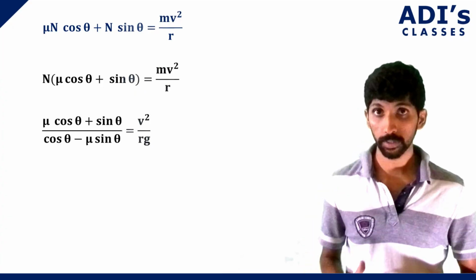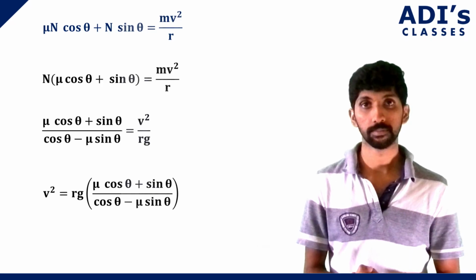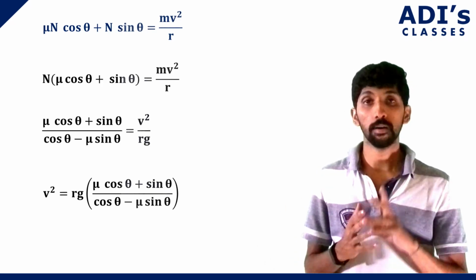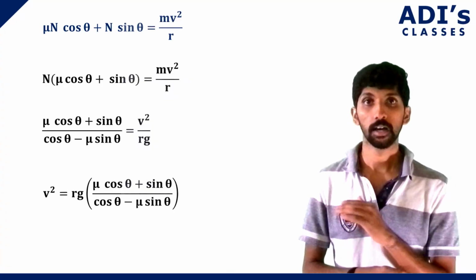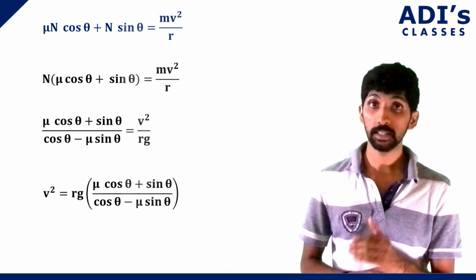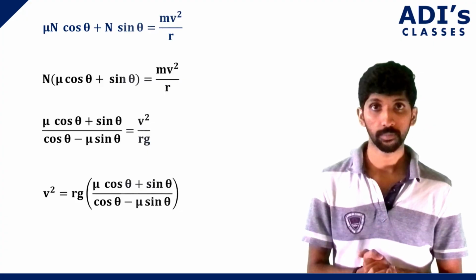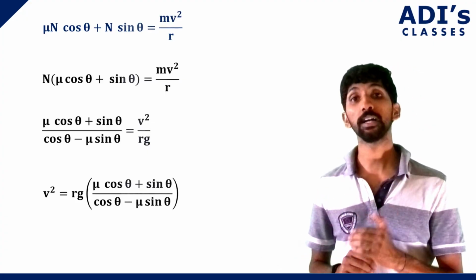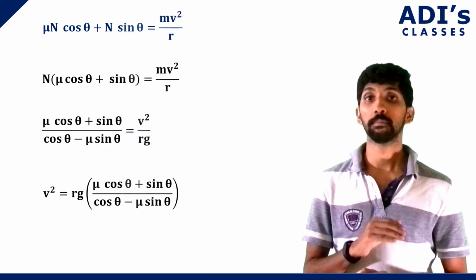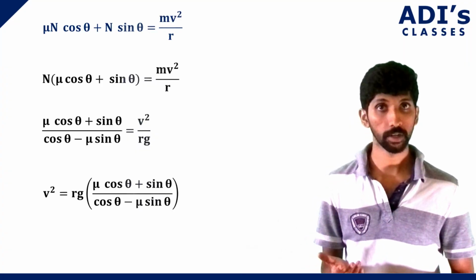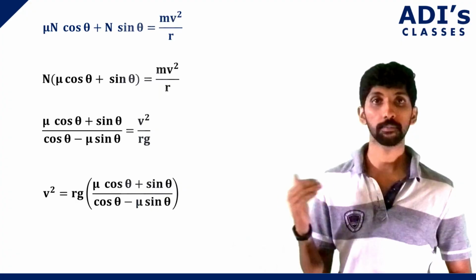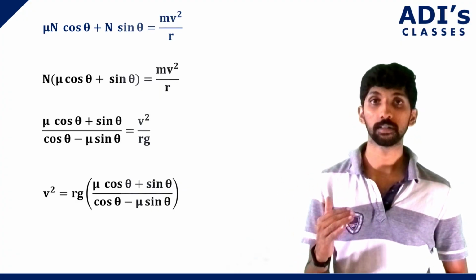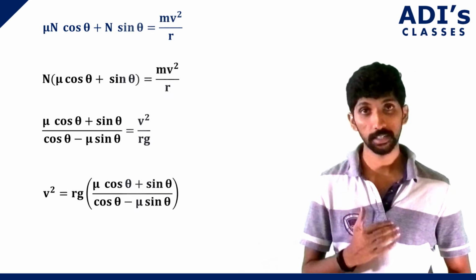Next, we multiply by rg. That is, v square is equal to rg into mu cos theta plus sin theta by cos theta minus mu sin theta. Understood? Then we divide the numerator and denominator by cos theta. Mu cos theta by cos theta cancels, and sin theta by cos theta is tan theta.